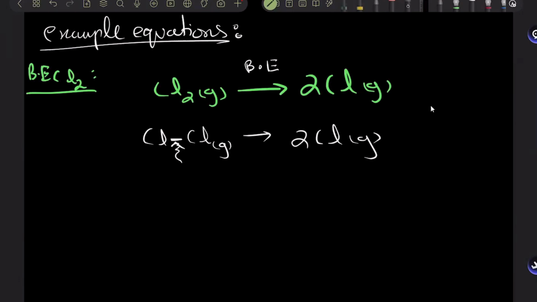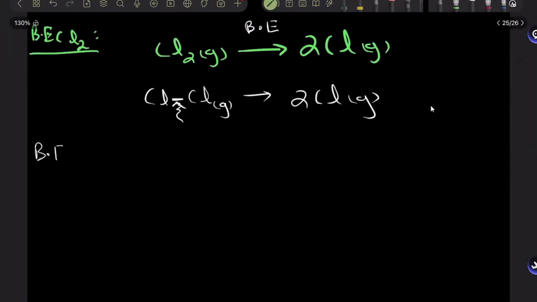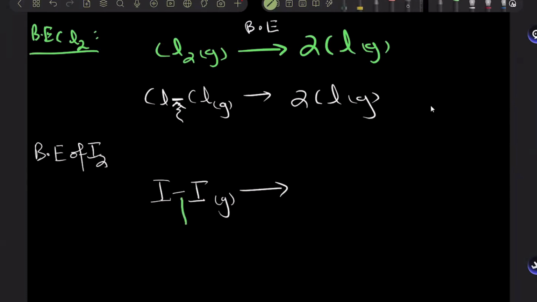What about if I want to write it for iodine? If I want to write the bond energy for I2, then I have to have iodine in its gaseous state. And then if I provide the energy to break this bond, that would be bond energy.